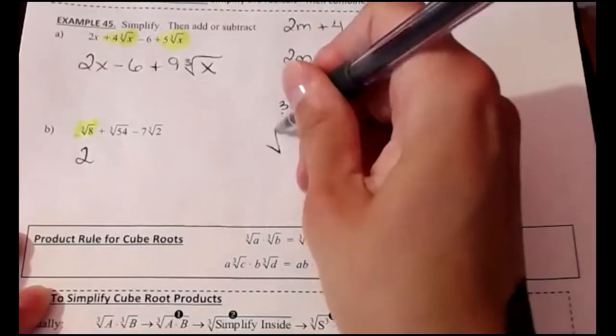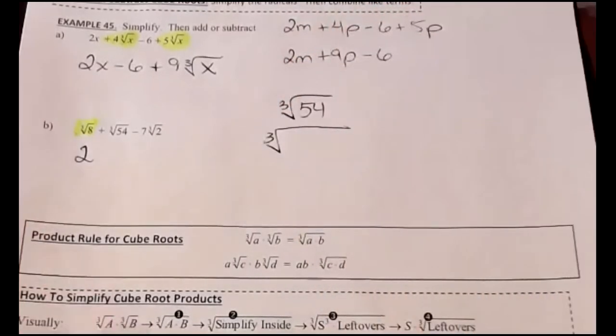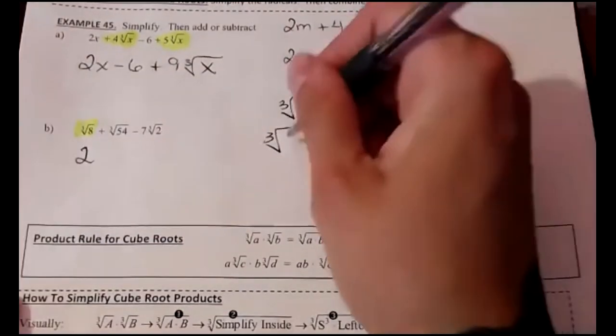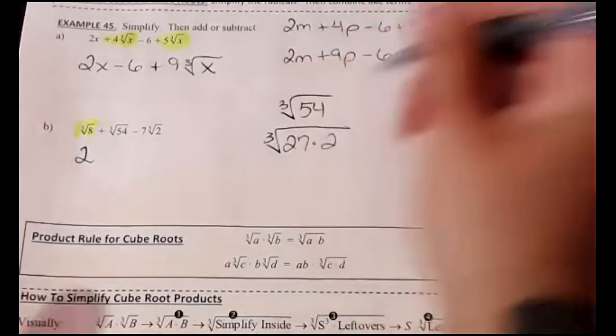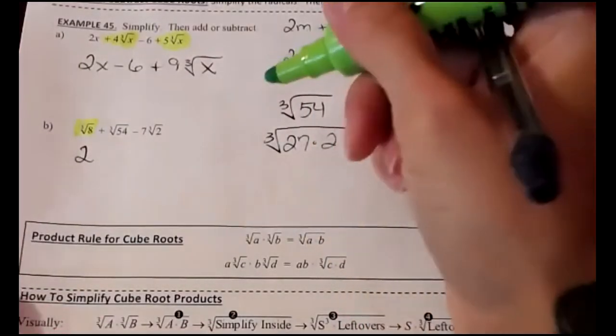If so, into what? Give me a perfect cube and its other factor. 27. Yeah, 27 times 2. Yeah, score. What's the cube root of 27?